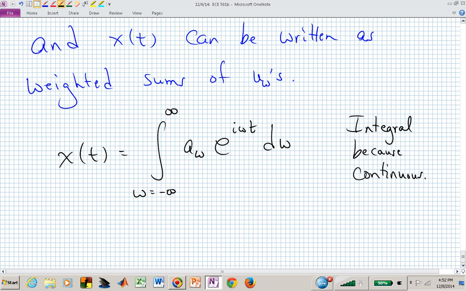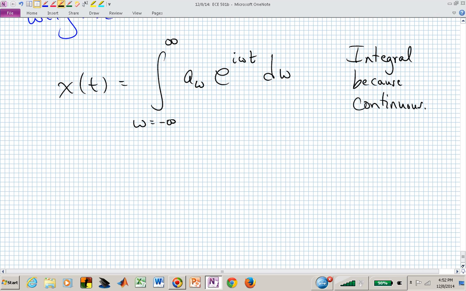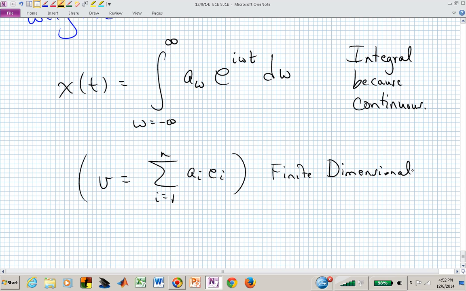If we compare that with the finite dimensional case, there we might have had this v, which was this sum of a sub i, e sub i, for i equal 1 to N, and now we have this infinite dimensional version of our input vector x in terms of this weighted collection of eigenfunctions.